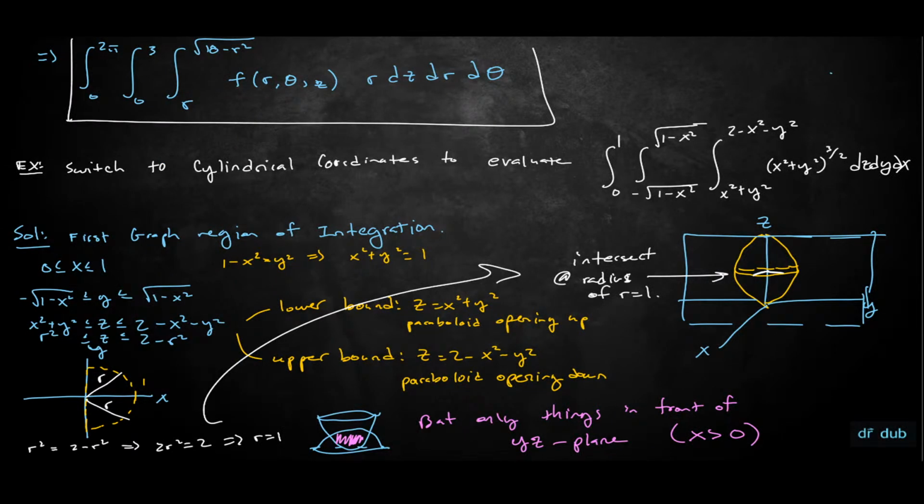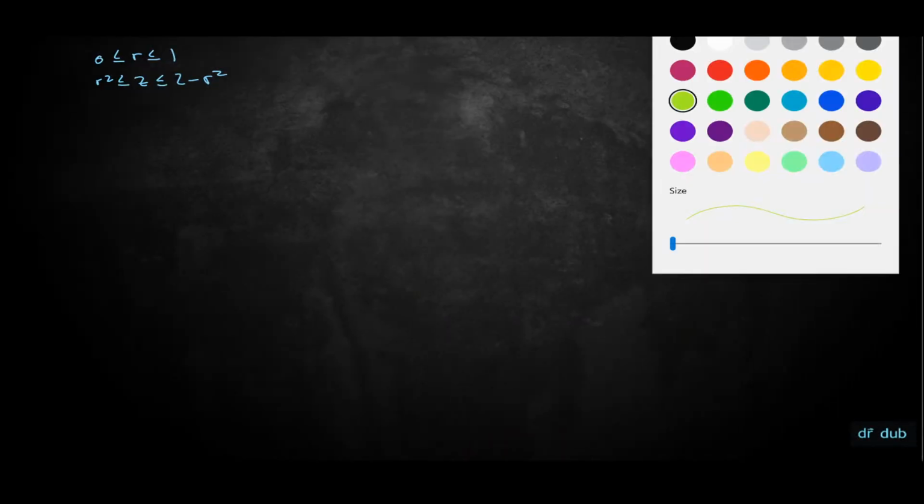But theta is going from, we'll say, negative pi over 2 to pi over 2. So the bounds for theta, we'll say, are negative pi over 2 to pi over 2.